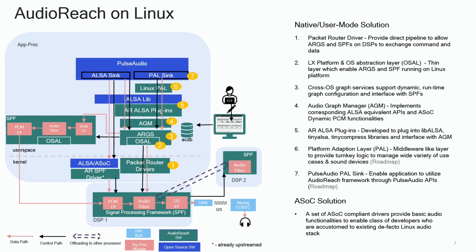But we also have this path which interacts with the PAL layer, the platform adaptation layer, which is a middleware-like layer that provides turnkey solutions or logic to manage a wide variety of use cases and sound devices. So as a Linux developer, you will have 3 paths that you can enable AudioReach with.